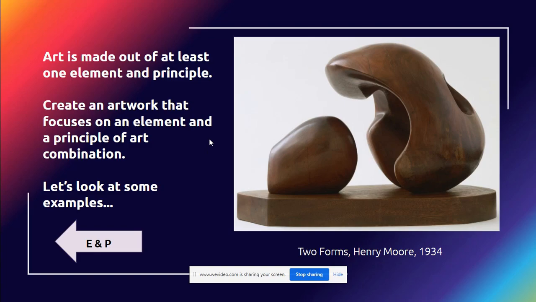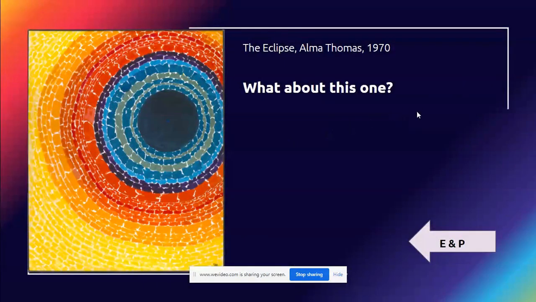Let's take a look at another one. This is called The Eclipse by Alma Thomas, done in 1970. First off, you might notice that there's lots of color, but there's also shape that's being repeated. Yes, that would be repetition. Do we also get a sense of the texture of this painting? What about emphasis? Is something drawing your eye and standing out more than the others?